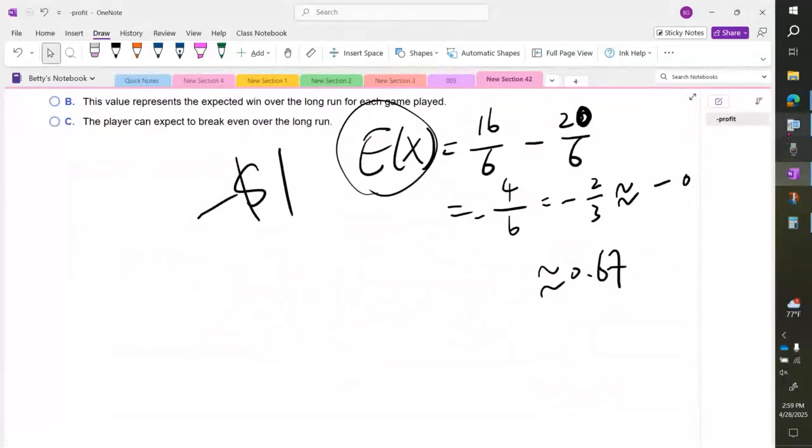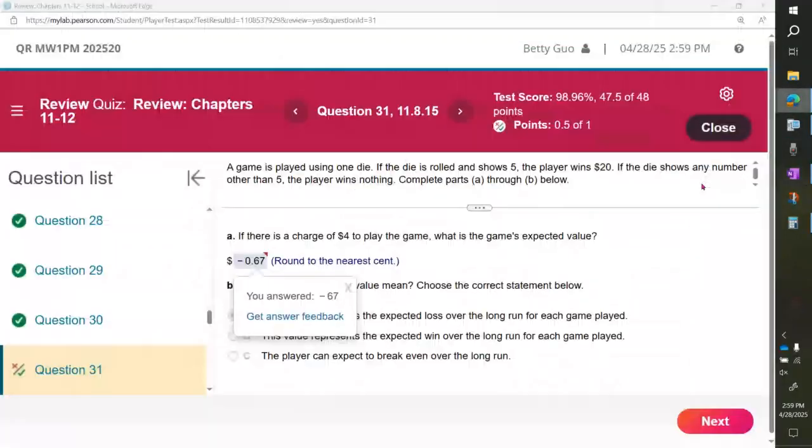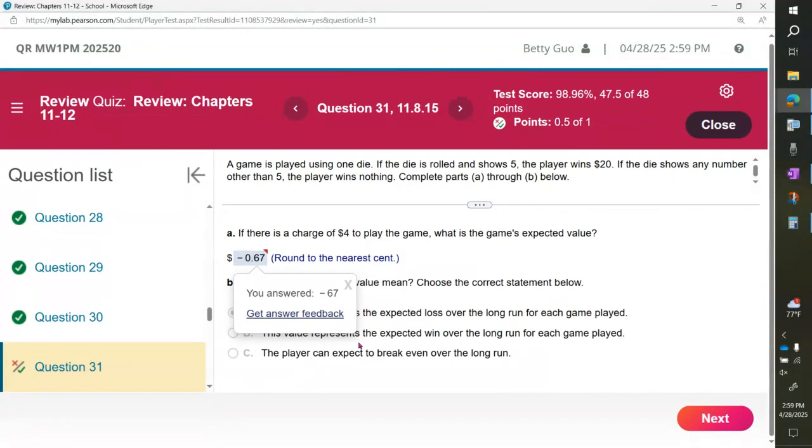But I went too fast. This is a big mistake, right? So be very, very careful. Sometimes you just make a mistake without worrying about it. Okay, very good. Except for that, everything's fine.